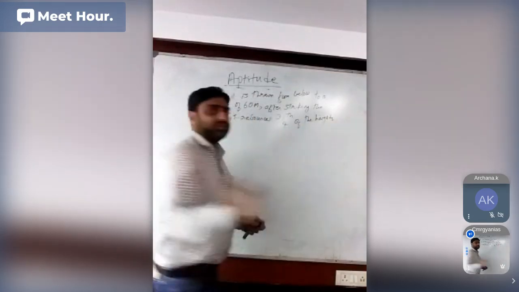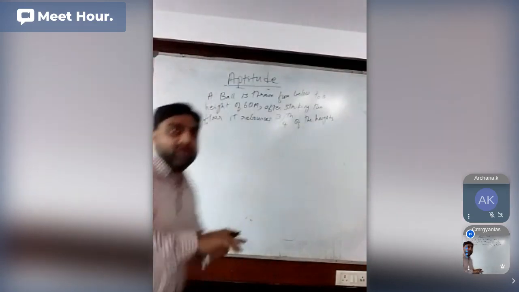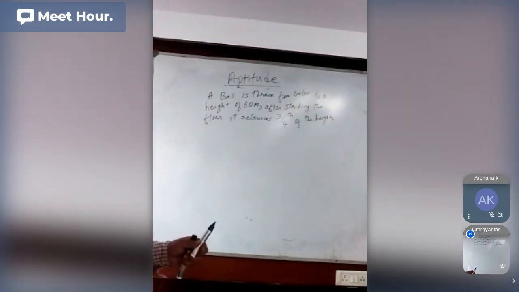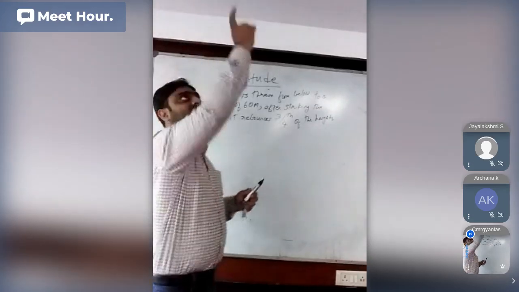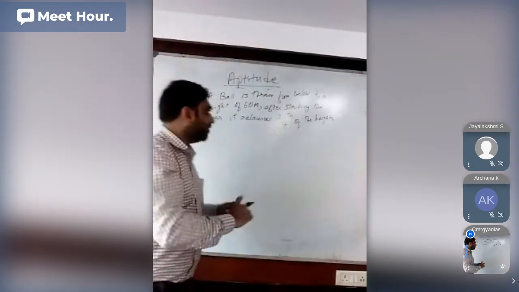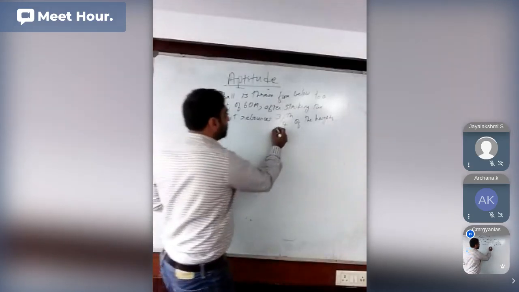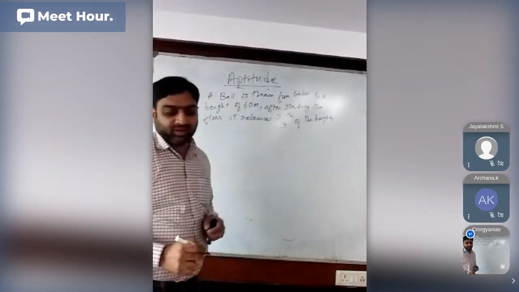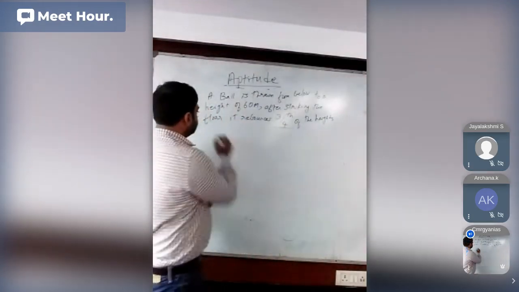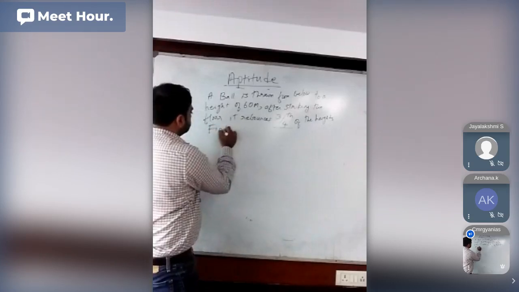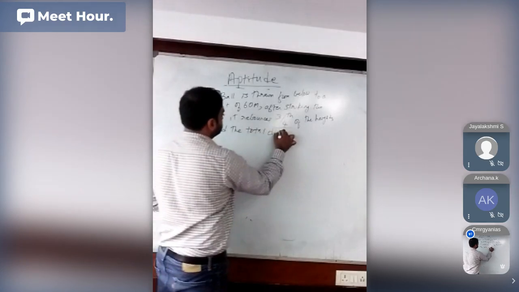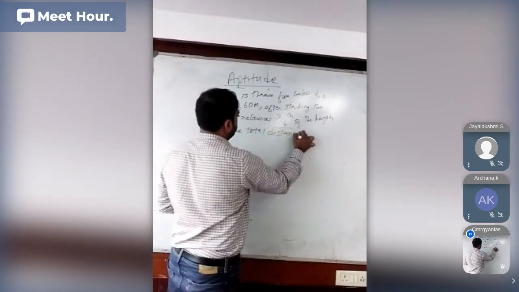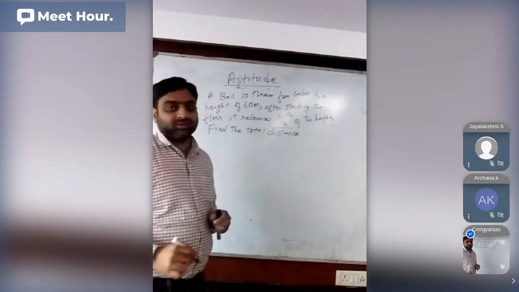So the ball is thrown 60 meters high, it will fall down, then it rebounds 3/4 of the height. Full stop. Find the total distance the ball travels.